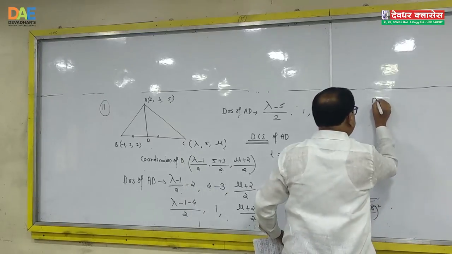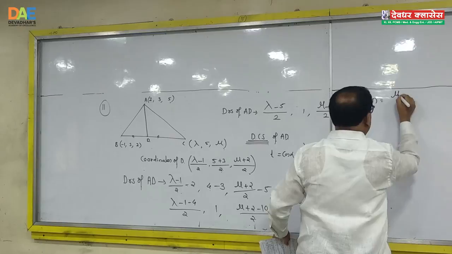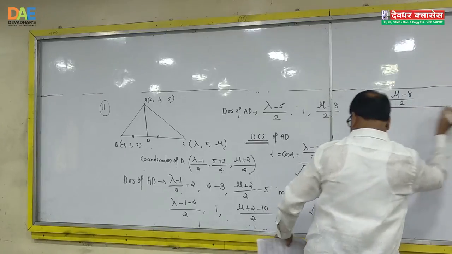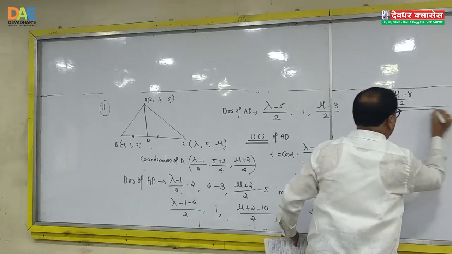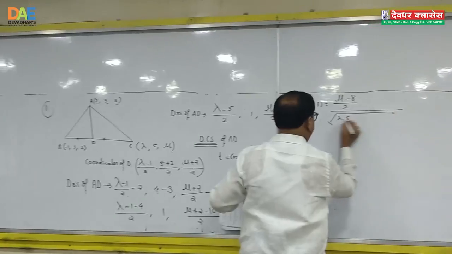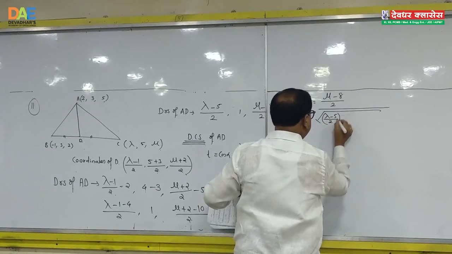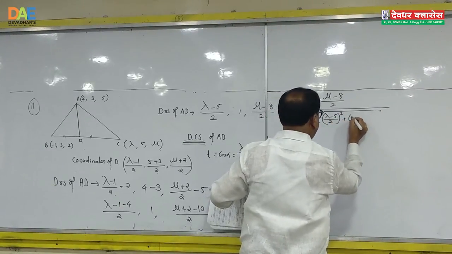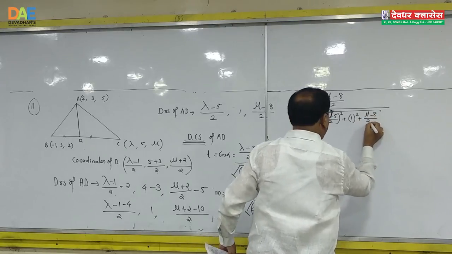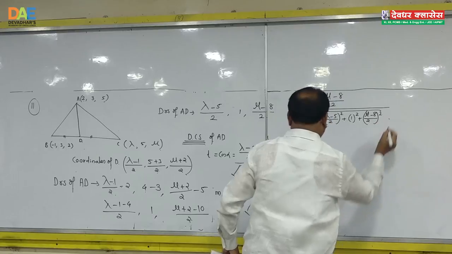Then N is equal to mu minus 8 upon 2 upon the same root value.